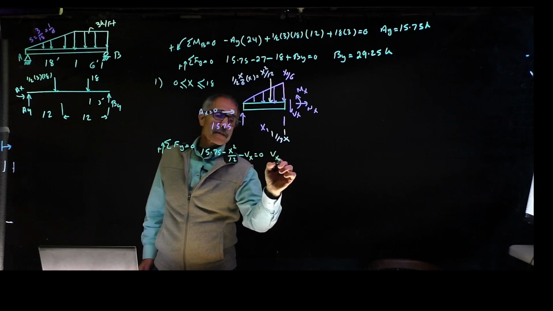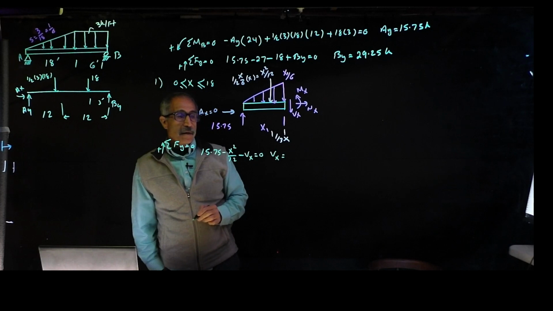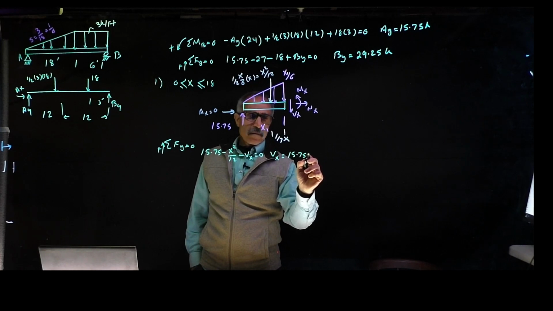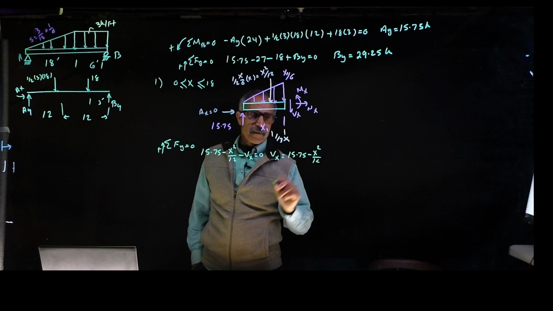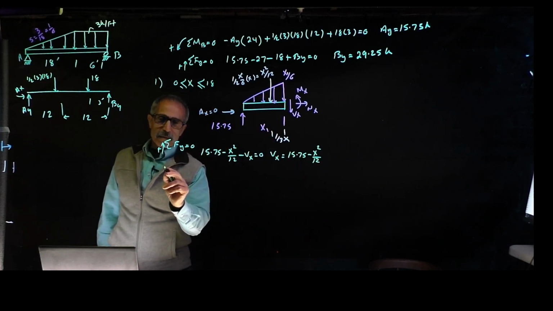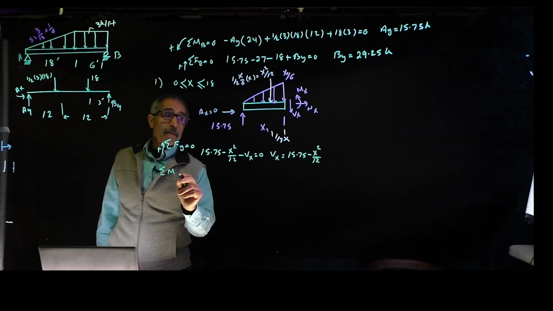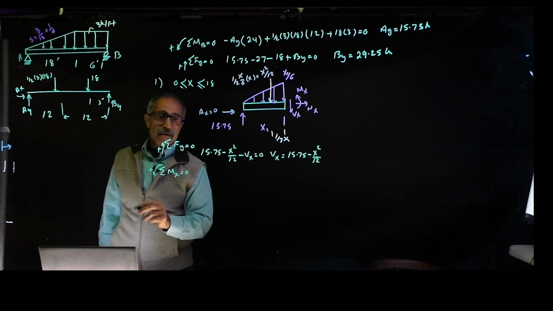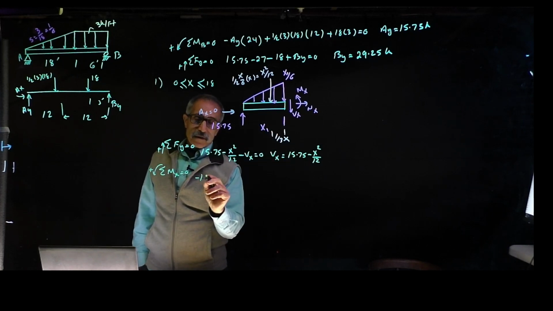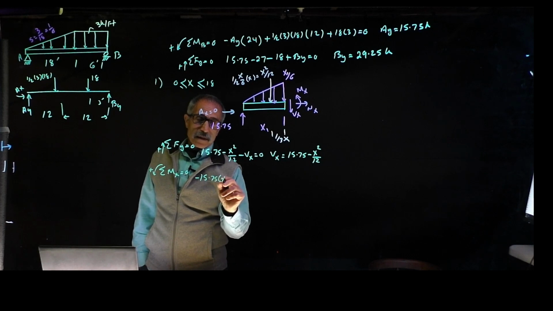So my Vy comes out to be 15.75 minus x squared divided by 12. The next thing I'm going to take is a moment, summation of moment about point x equals 0. Counterclockwise is positive. This is going to go minus 15.75 times x.